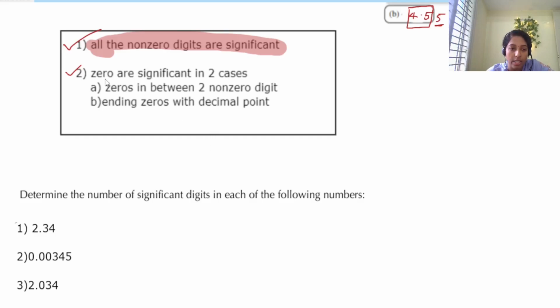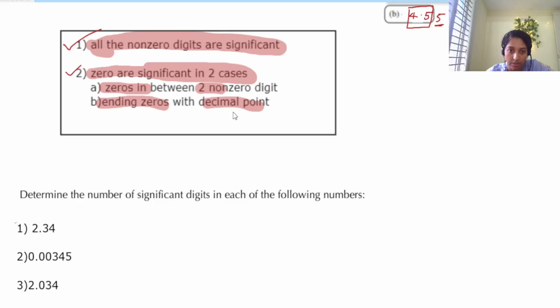And the second rule says that zeros are significant in two cases. What are the cases? If the zero is in between two non-zero digits, or the ending zeros with a decimal point. Only in these two cases can you count the zeros as significant figures.